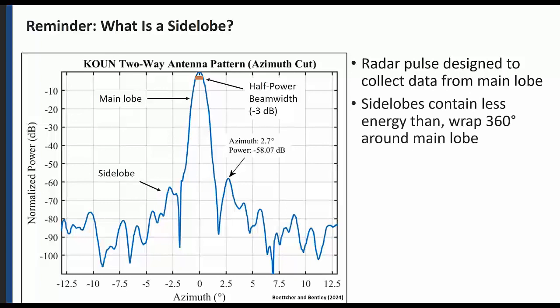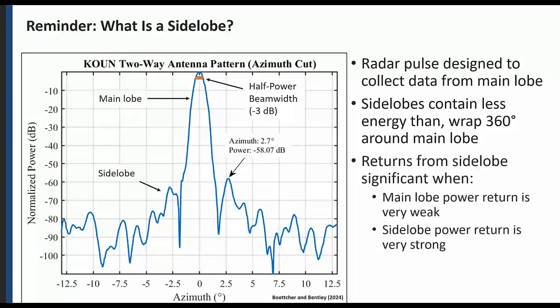And so the thing that's important to remember is those side lobes, they're not just horizontal, they wrap 360 degrees around that main lobe of the radar pulse that gets sent out. And so you can have situations where the power return from those side lobes is significant, specifically when whatever energy gets returned from the main lobe is very weak.